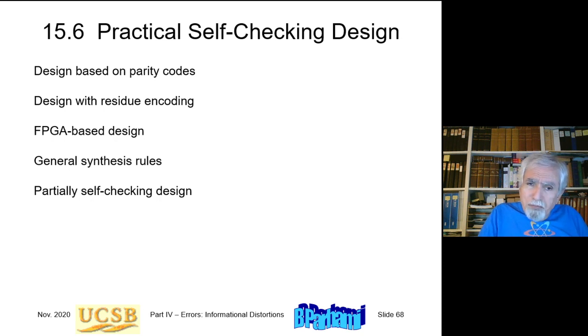Okay, a whole bunch of practical design strategies can be found in the literature. I have not yet included, I'll include in the final version of the textbook, a few examples of these. Designs based on parity codes, designs with residue encoding, FPGA-based designs, some general synthesis rules, and partially self-checking designs.